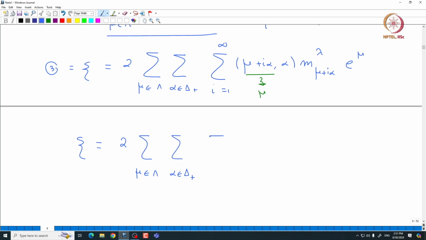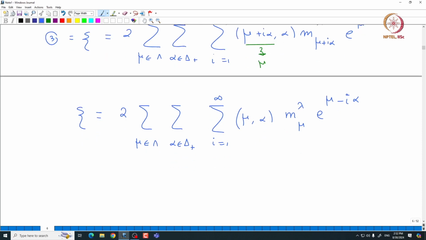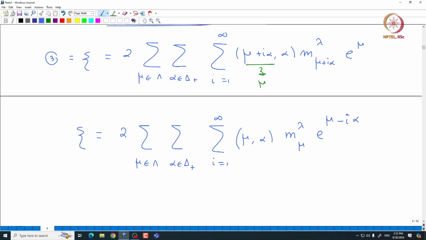Because of that we get exactly, with i ranging from 1 to infinity, mu comma alpha, and then the multiplicity of mu inside lambda. Then the e power should change, because this mu changes to mu minus alpha, so this becomes mu minus i alpha. So, this is what we get by changing the variable mu to mu minus alpha.